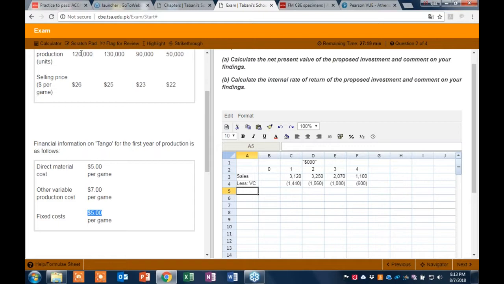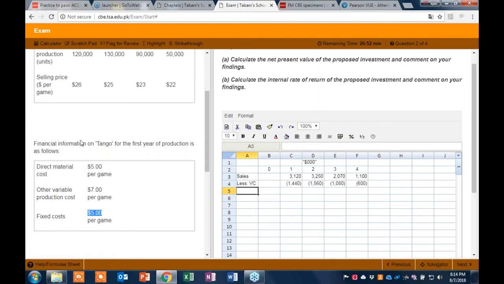And in the absence of any other information, we will assume that the fixed cost will remain constant at this level throughout the life of the project. It will only increase if the question mentions that there is inflation in the fixed cost, or there is any step up fixed cost, which the question will have to mention. Otherwise, in the normal case, we will always assume that the fixed cost will remain constant throughout the life of the project.